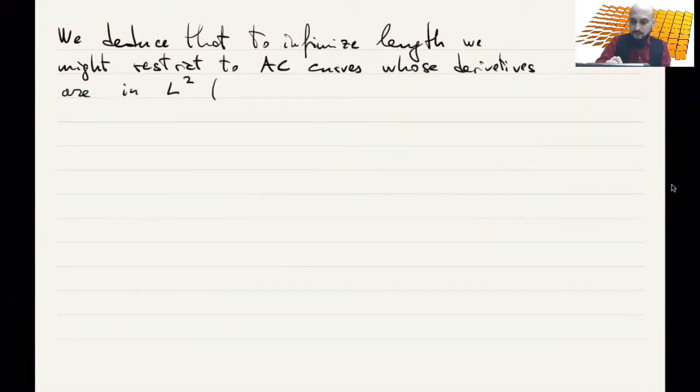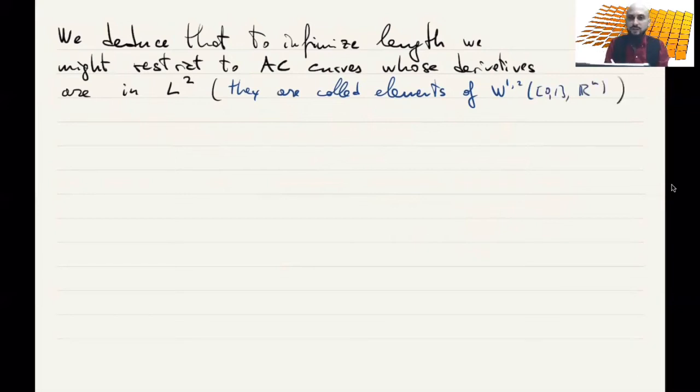These maps are called elements of W^{1,2}. The function is in L2 and the first derivative is in L2.